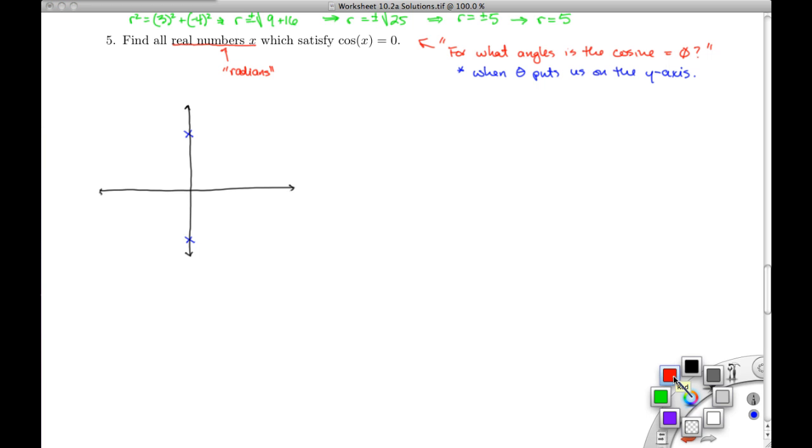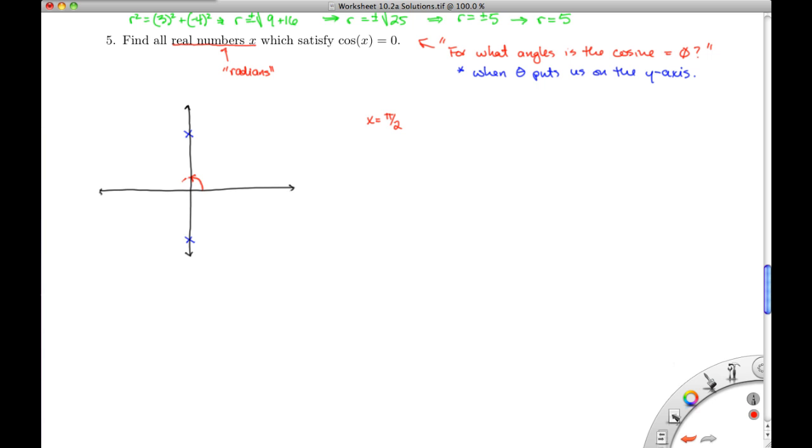Well, let's start by finding the first solution. So we're going to start at 0, and we're going to start rotating and see when we hit solutions. So we start at 0, we rotate, and we hit our first solution. So we'll write this as x is equal to 90 degrees or pi over 2. Okay, so there's our first one. How far do we have to go till we hit our next solution?